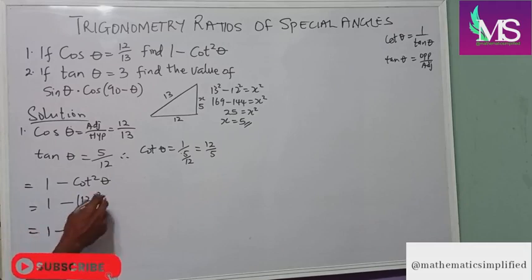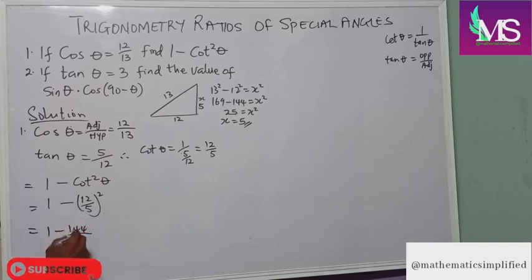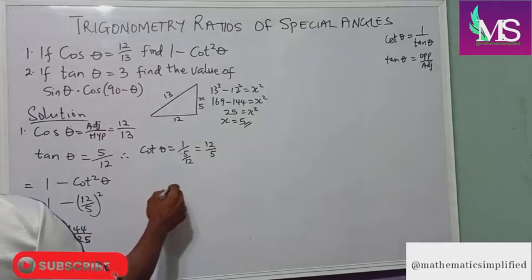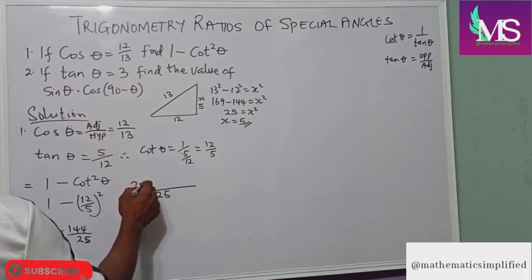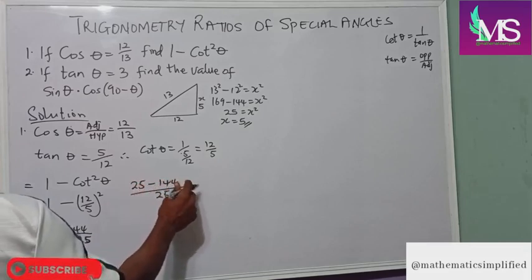So 1 minus 12 squared is 144 all over 25. Okay, so our LCM here will become 25. This becomes 25 minus 144.